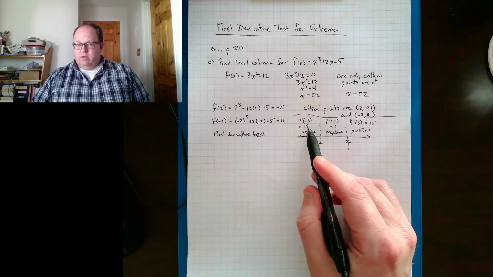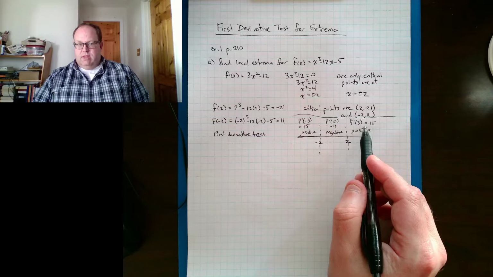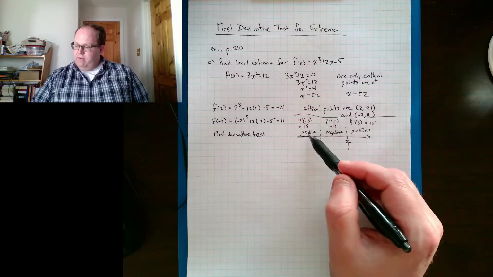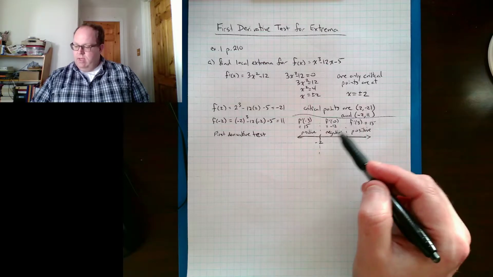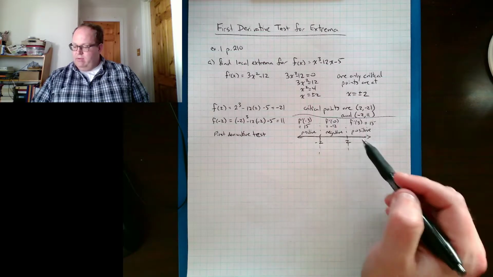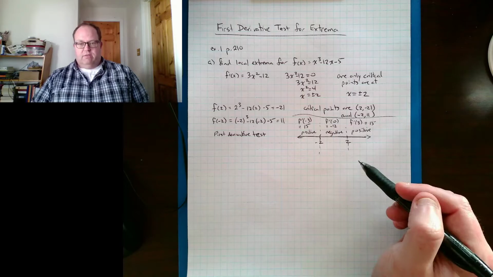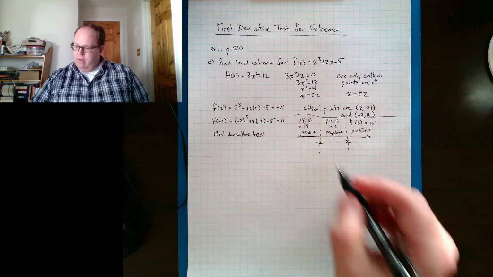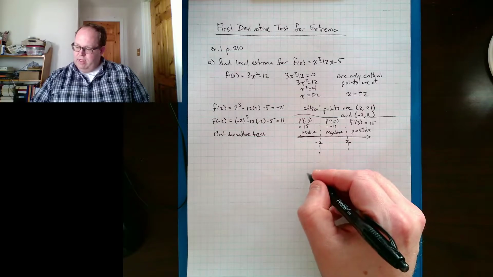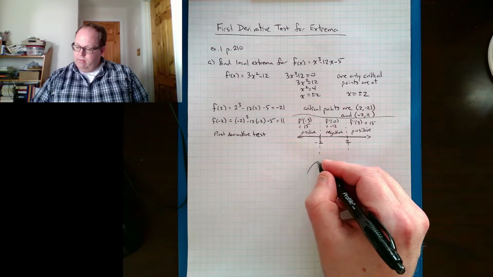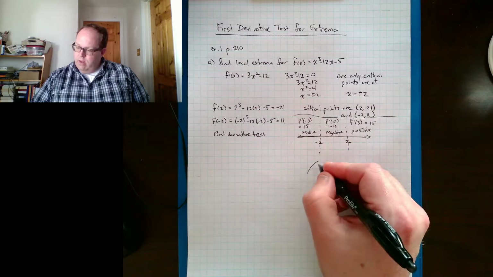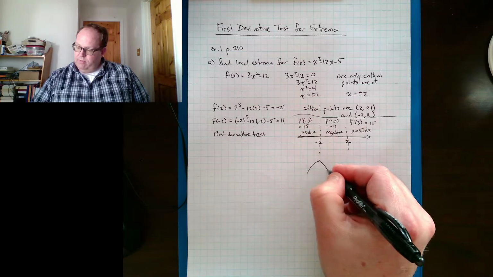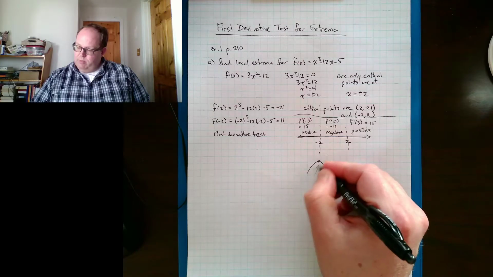So since I'm looking at the derivative in these spaces, that's telling me about slope. My slope is positive as I come up to negative 2, negative between the two values, and positive above positive 2. So let's think about what that means for a specific point. If I have a positive slope leading up to a critical value, which then switches to a negative slope, then that point must be a local maximum.